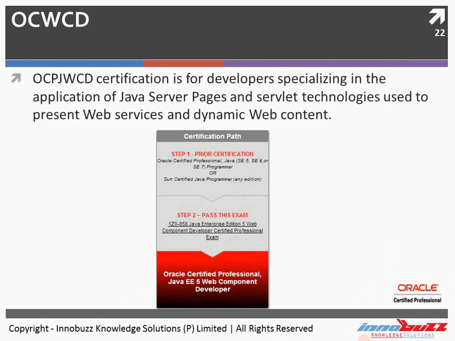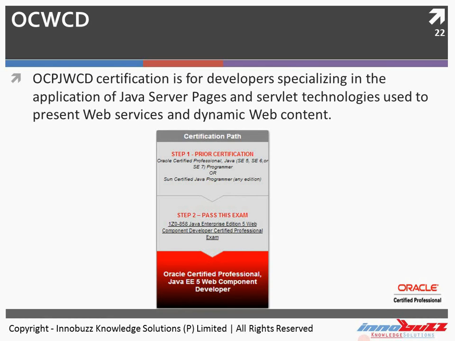OCPJWCD, which is nothing but Oracle Certified Professional Java Enterprise Edition Web Component Developer Certification, is for developers specializing in the application of Java Server Pages and servlet technologies, which are used to present web services and dynamic web components. So these JSPs, that is Java Server Pages, and servlets are the key technologies for web components.